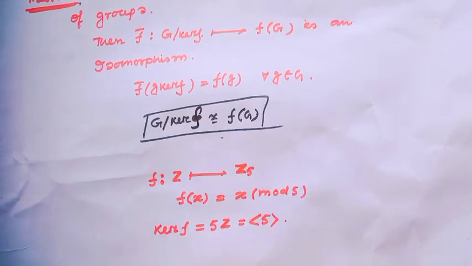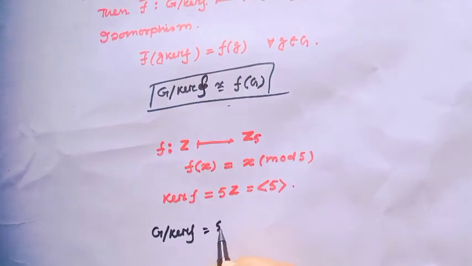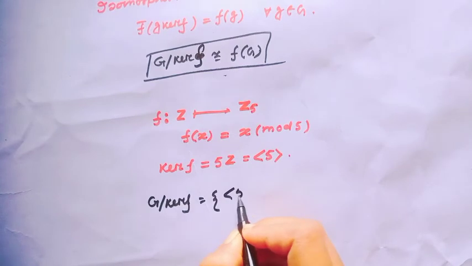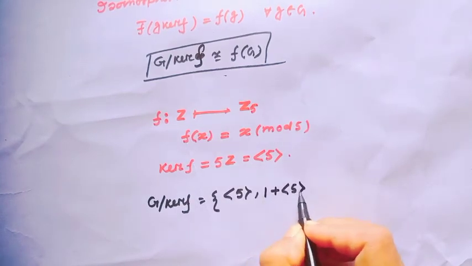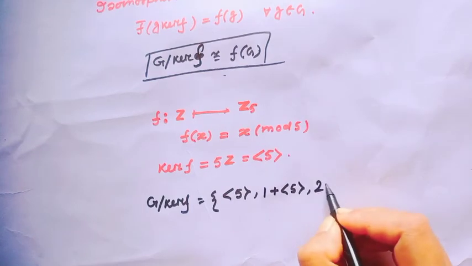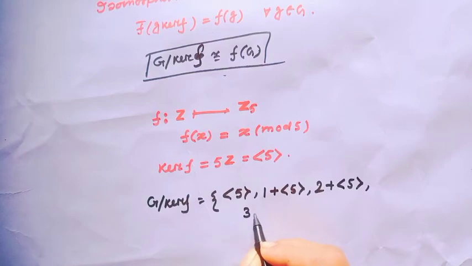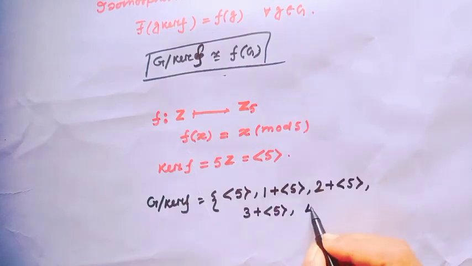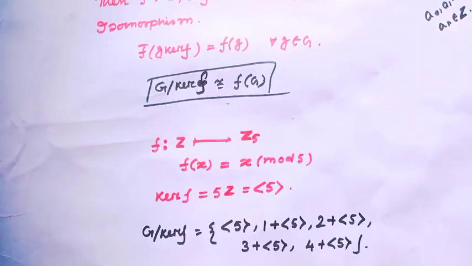Then what would be G mod ker f? G mod ker f contains the elements: the cyclic subgroup generated by 5, 1 plus the cyclic subgroup generated by 5, 2 plus the cyclic subgroup generated by 5, 3 plus the cyclic subgroup generated by 5, and 4 plus the cyclic subgroup generated by 5. All these elements are contained in G mod ker f.